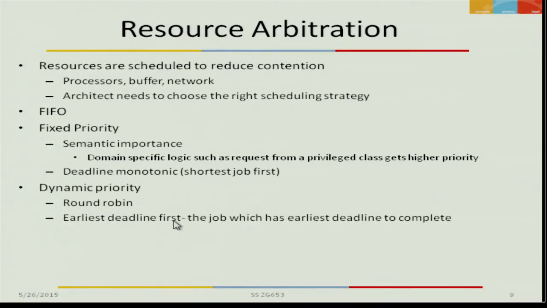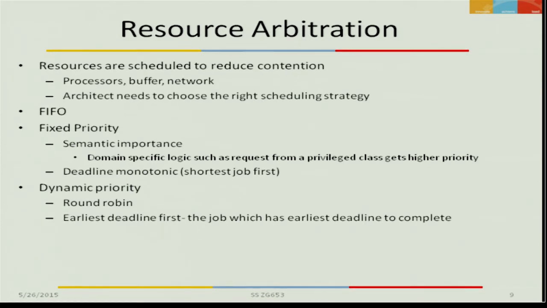In case of dynamic priority, one can choose dynamic scheduling policies like round robin, where there are many requests and each of them is given some slot. If there are n number of jobs to be executed, or n number of resources to be given to different processes, they can be allocated in a round robin fashion, and after a time slot it is given to somebody else.